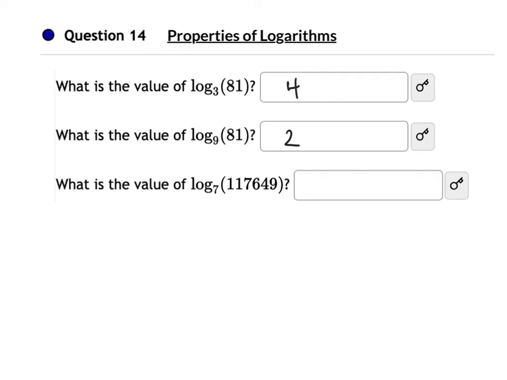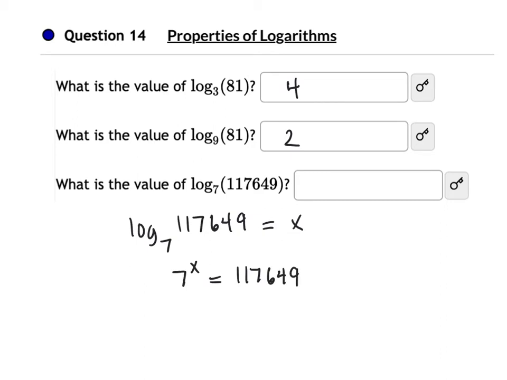For the last one, that's a guess and check one, or we could use logarithms to solve it, like this. The log base 7 of 117,649. I could change base. I could call this x. This means that 7 to the power of x is 117,649.